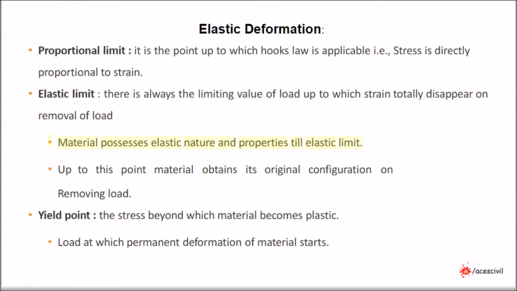Material possesses elastic nature and properties till the elastic limit. Up to this point, the material obtains its original configuration on removing the load. Yield point: the stress beyond which the material becomes plastic, the load at which permanent deformation of the material starts.